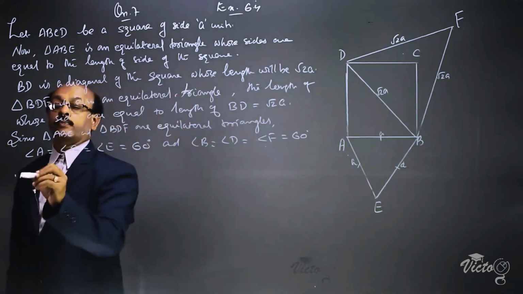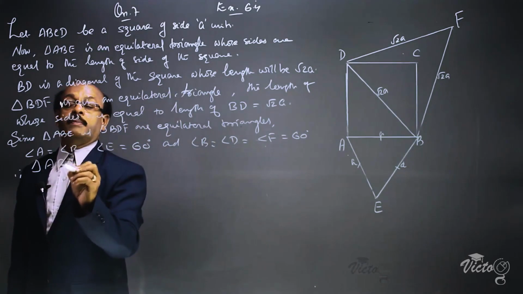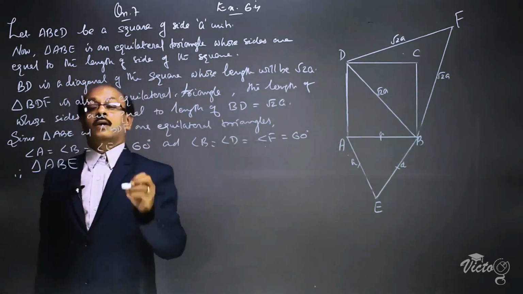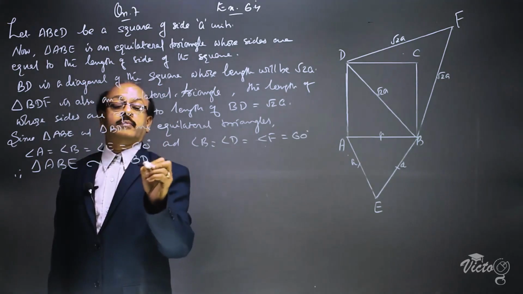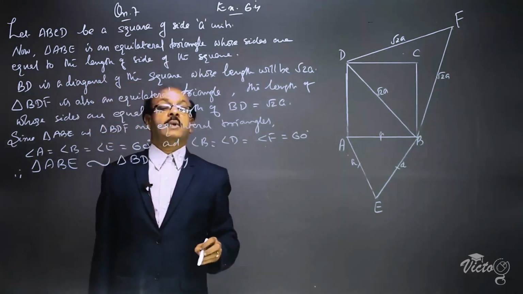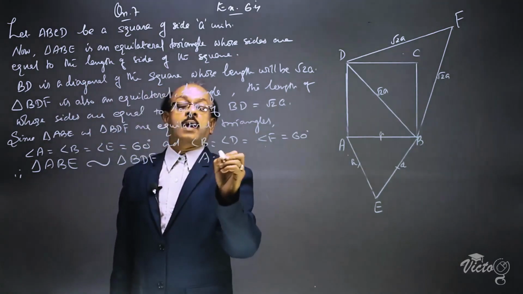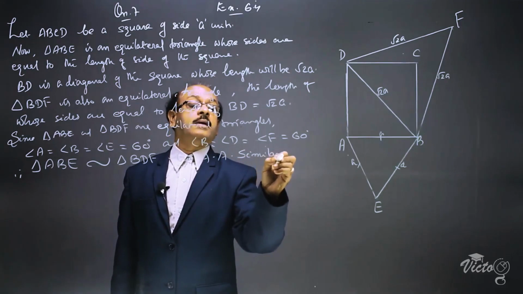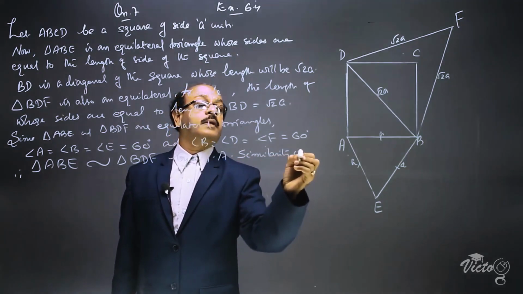Therefore, triangle ABE is similar to triangle BDF by the AA similarity criterion.